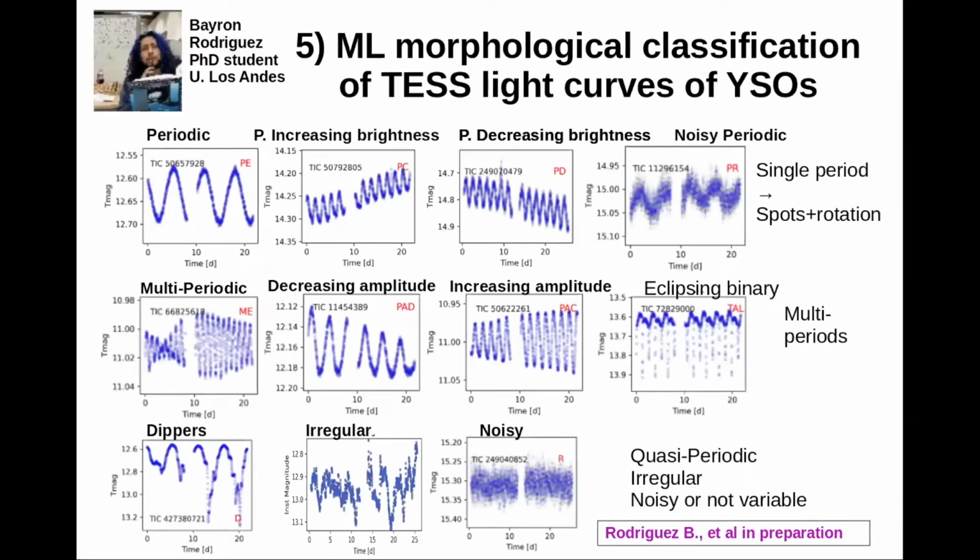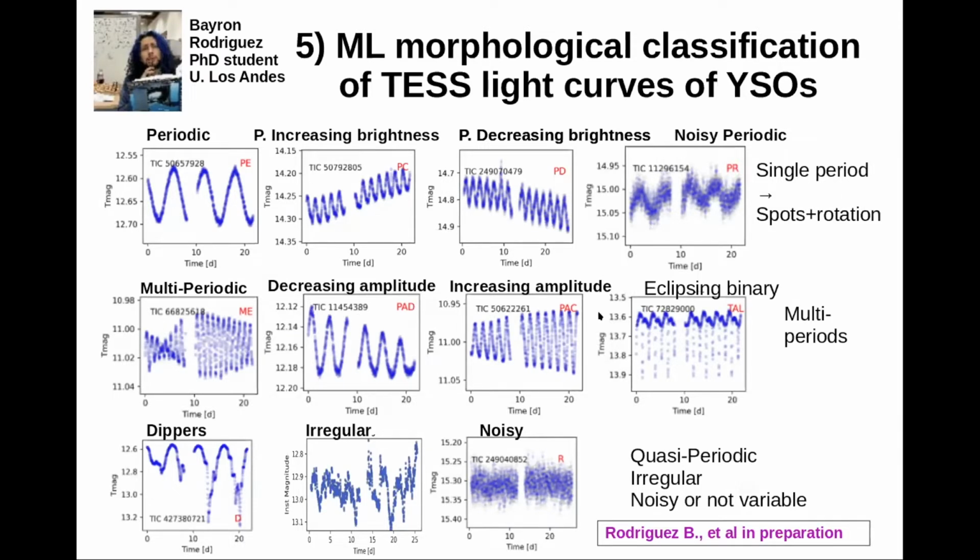My final point here in the 5 minutes is the morphological classification using machine learning to classify the light curves of young stellar objects. Here, you can see the 11 classes that we are using. For example, this class has a single period.